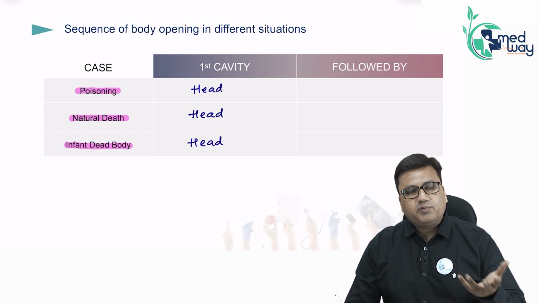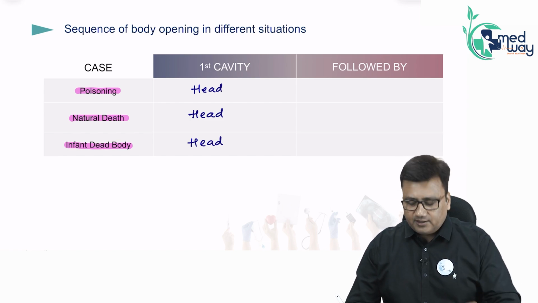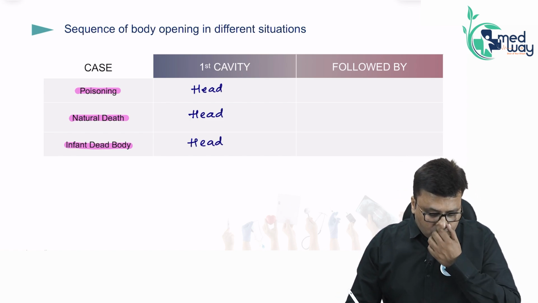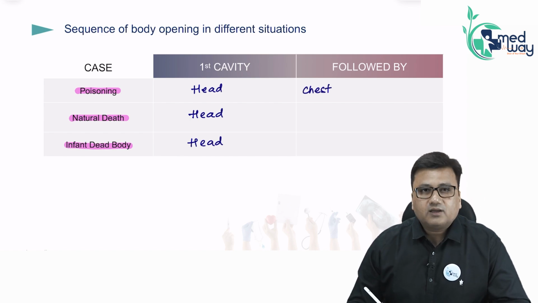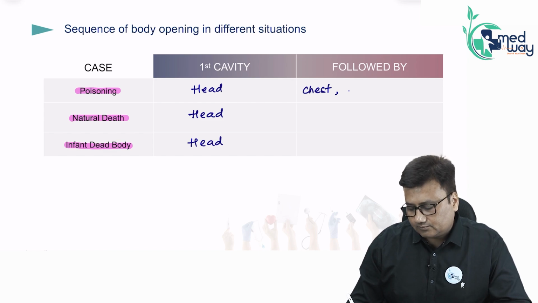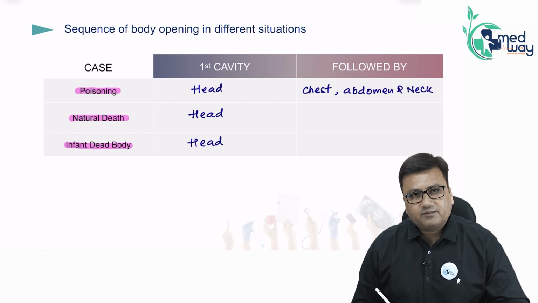So, after opening head first in the cases of poisoning, then you open chest, abdomen and neck.